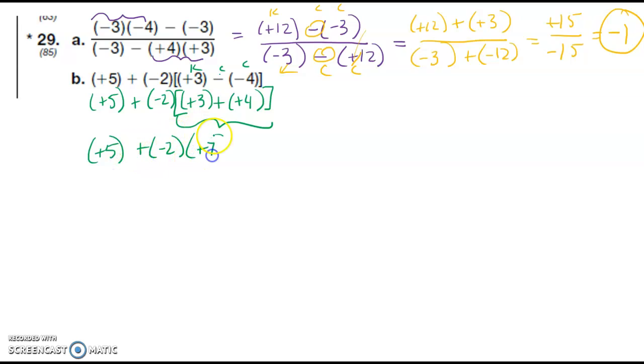So that's plus 7 plus, this is negative 14. So since these are opposite signs, we're going to subtract and take the sign of the larger. So it's 14 minus 5 is 9, and 14 is larger, so it's negative 9.